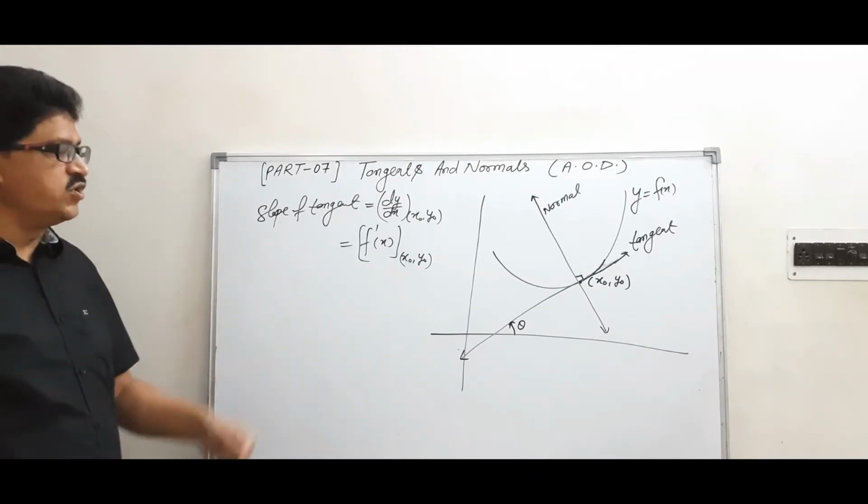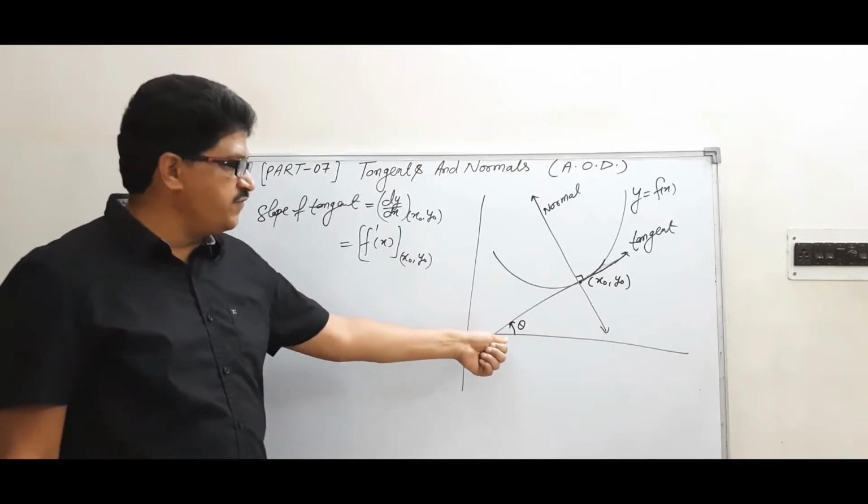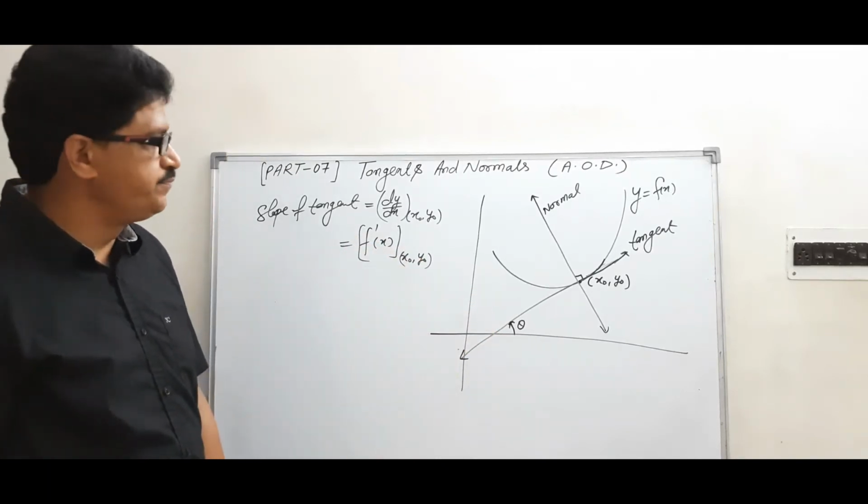So we can find slope of tangent. Or if theta is given, we can write slope of tangent is m is equals to tan theta.